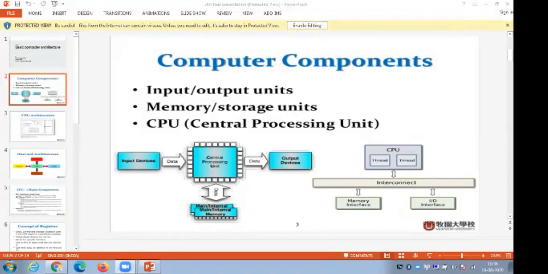Here we have an arrow link from the input device to the CPU, and then from the CPU to the output device, and then a downward link and an upward link from the memory.